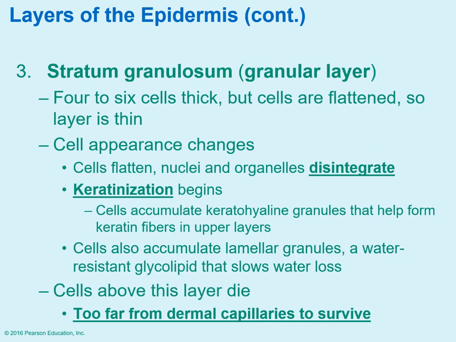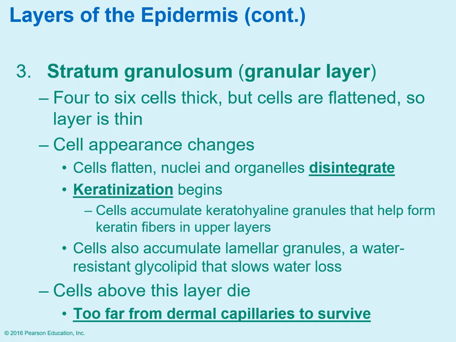The stratum granulosum is about 4 to 6 layers thick. Now the cells are starting to flatten, so it looks really thin, and you're starting to see some changes in the appearance of the cells. That's why I say they flatten. This is where the nucleus and the organelles are starting to disintegrate as the cell is dying. Why is the cell dying?